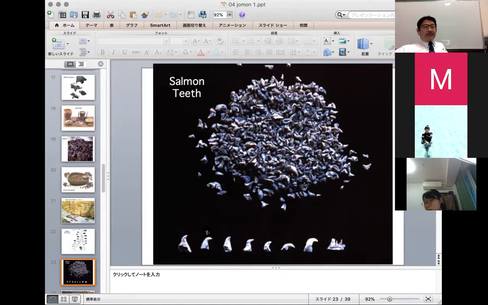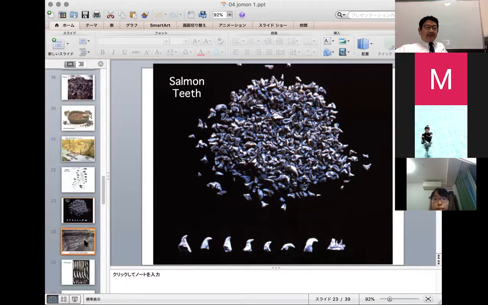It's way up in the mountain area, but still in Tokyo area. So nowadays we don't see salmon in Tokyo area. They do not come back to Tokyo rivers in autumn. They only come in the northern part of Japan, Tohoku area, but they used to be around here too. So they had so much catch of salmon in Tokyo too.